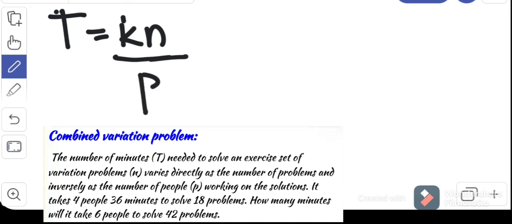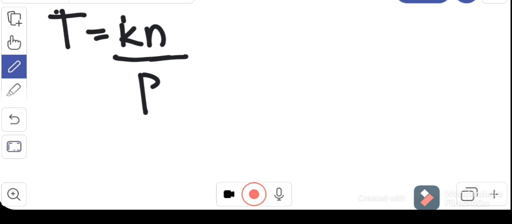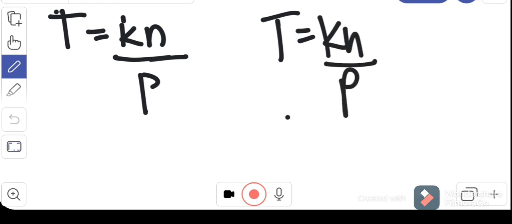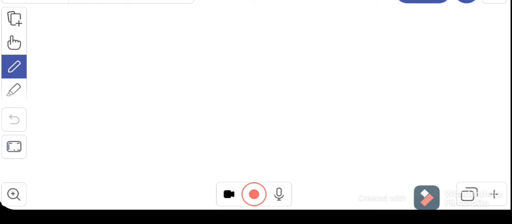So that's P. Of course, step 1, we need to derive the formula for K. So that's T is equal to Kn over P. This will be Tp is equal to Kn.